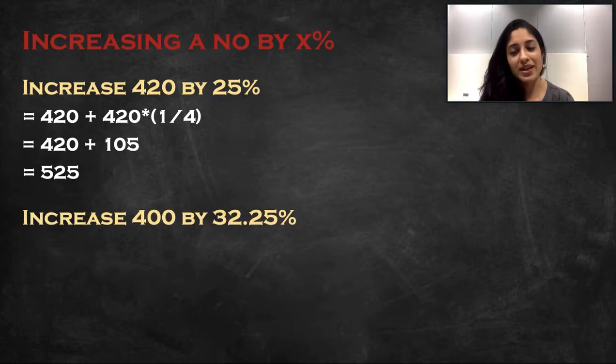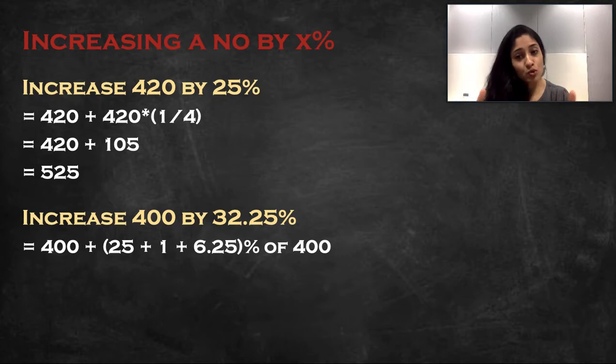Looking at one more example, increasing 400 by 32.25%. Now here comes the real application of standard fractions. We know that 6.25% of a number is 1/16th of a number.